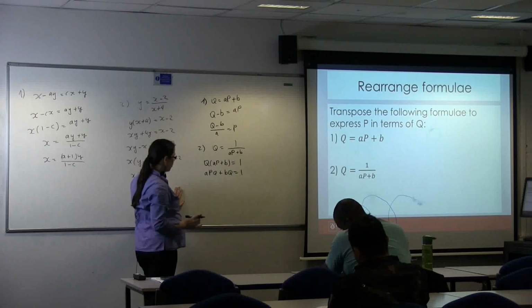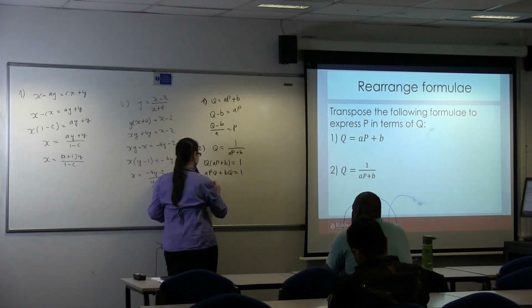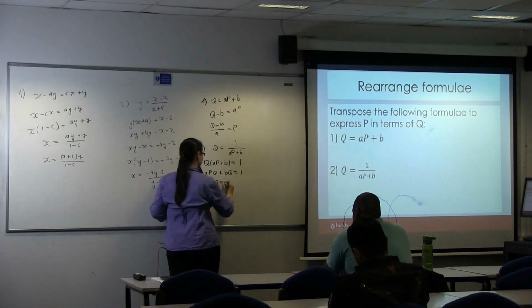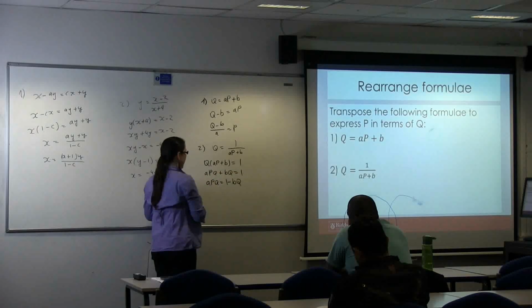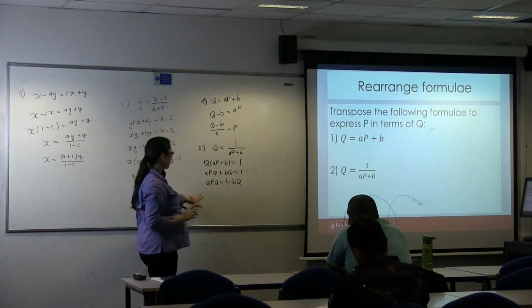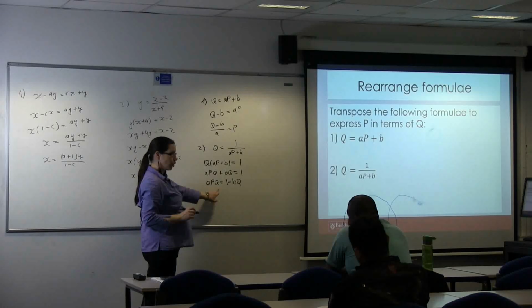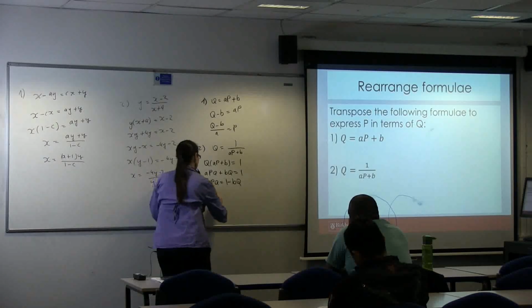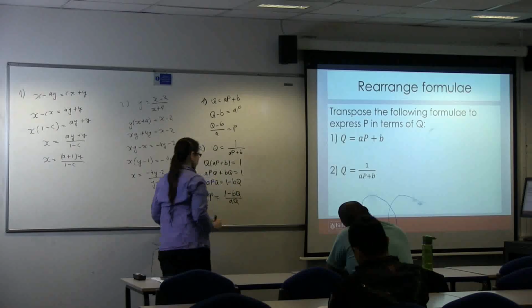Now what I want to do is remove the BQ. So it goes to the other side, becomes negative. And I want P on its own, so I need to divide by both A and Q. So then P will be 1 minus BQ over AQ.